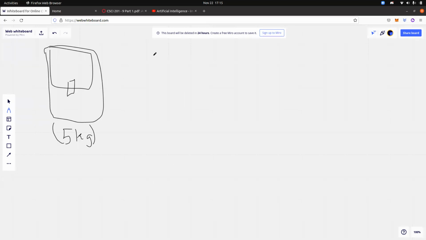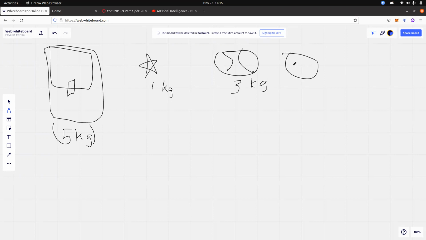So I might have, let's say, a star, which is 1 kilogram. I might have a ball, which is 3 kilograms. And I might have other objects, a circle, which is 2 kilograms, or a square, which is 4 kilograms.